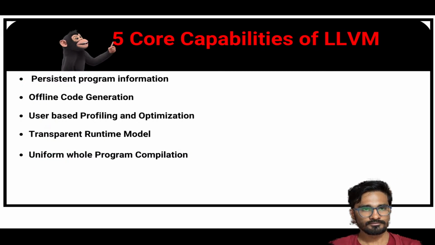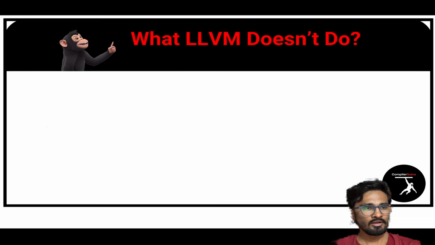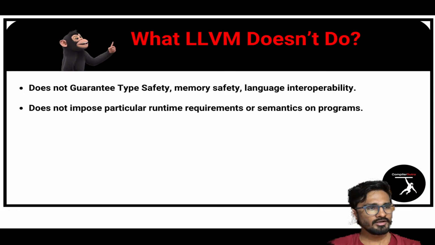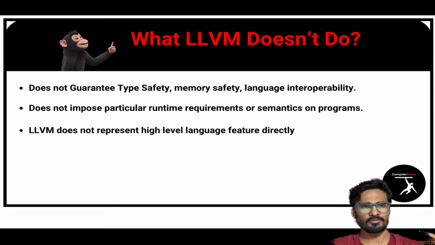Also, before going on, what LLVM does not do: it does not guarantee type safety, memory safety, and language interoperability. It does not impose any particular runtime or semantics on your program.